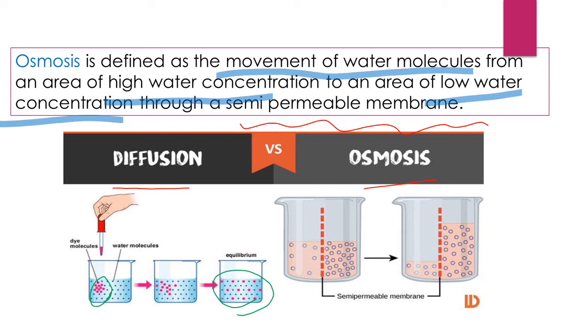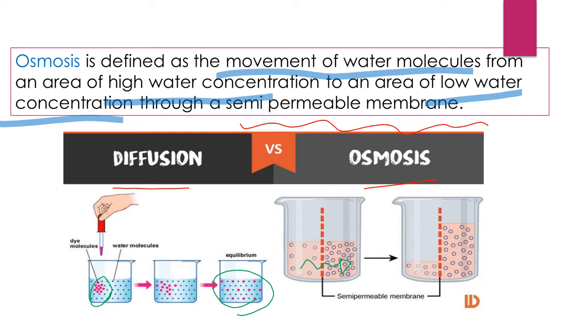Only water can move through, from the left side to the right side. Why is water moving from the left to the right?